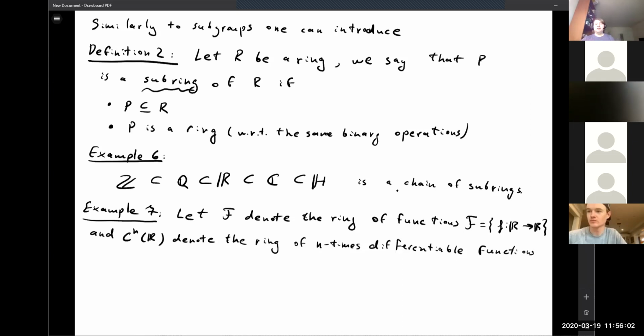So what you would have is that inside of all functions, n times continuously differentiable functions, of course.